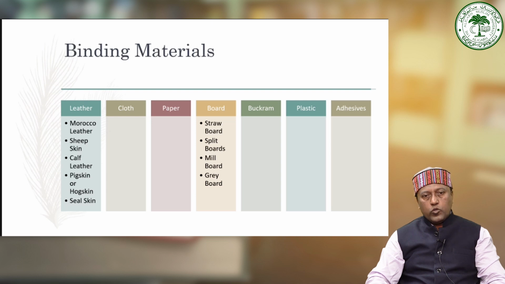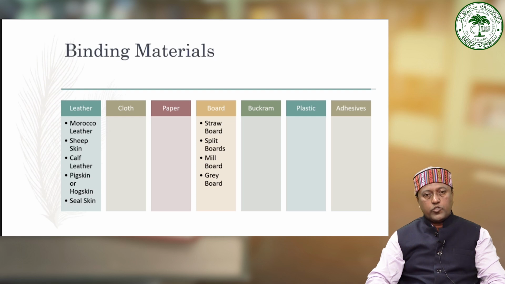Board binding is also known as binder's board or chipboard. These are rigid materials used to provide structure to the book cover. They are often made from layers of compressed papers or cardboards and come in various thickness to suit the different binding styles. So again, boards are also of different categories.